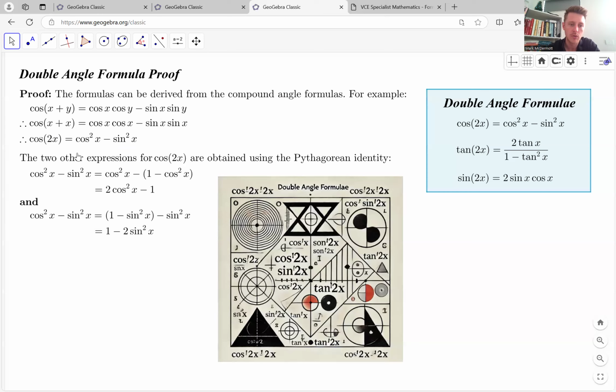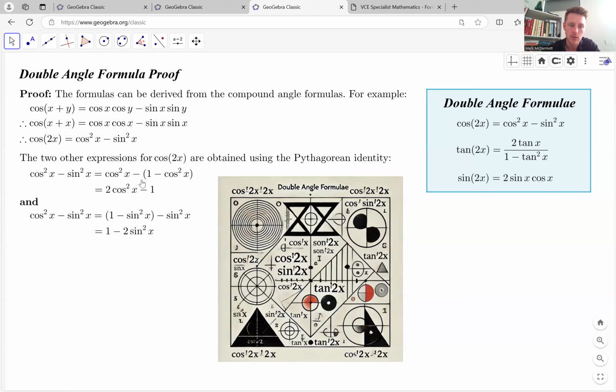So what we can say is cos squared x minus sine squared x. We can change this sine squared x using the Pythagorean identity. Now remember, the Pythagorean identity says that cos squared x plus sine squared x equals 1. So if we rearrange that a little bit, we can get that sine squared x is equal to 1 minus cos squared x.